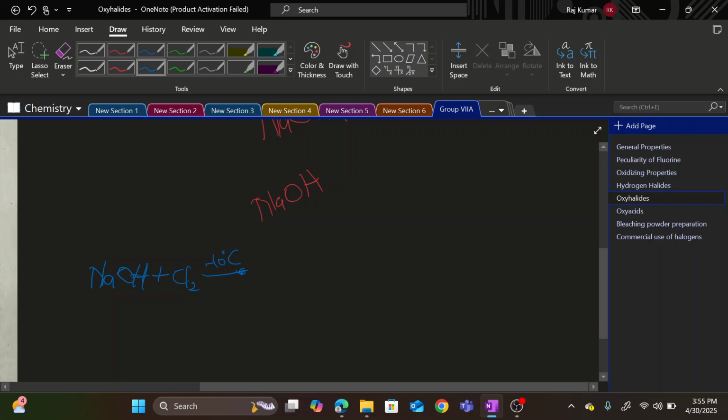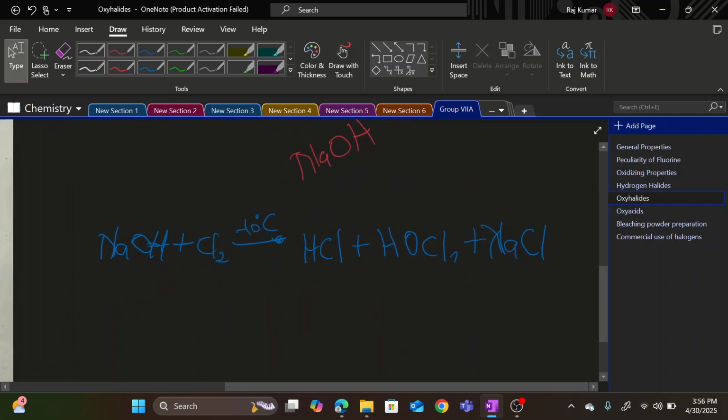The products I'm going to get are hypochlorous acid, HOCl, and sodium chloride.